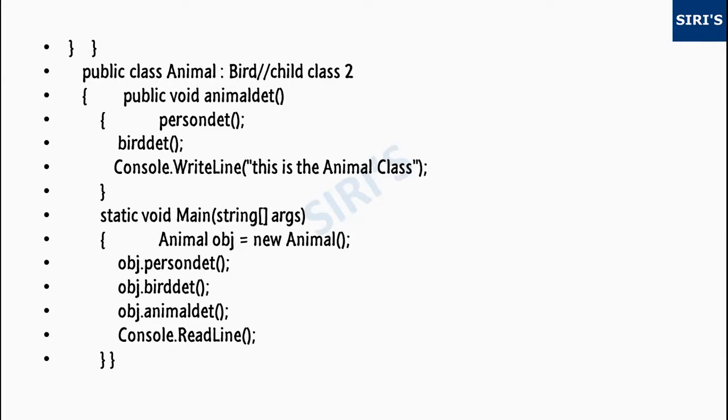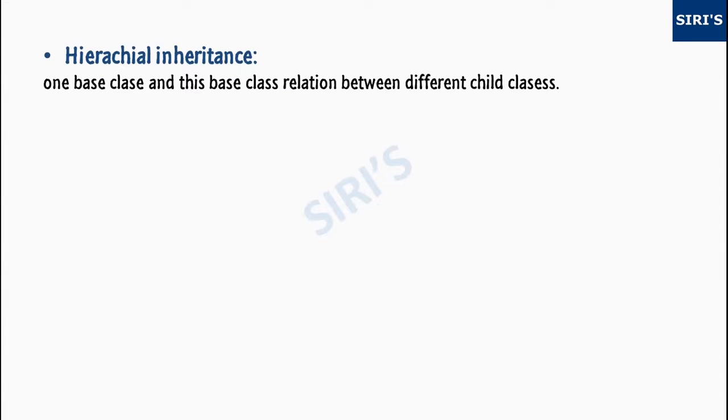Previously we have declared one inheritance and we are declaring another inheritance, animal and bird. When we create an object and we call the person class, bird class and animal class and console readline, it will display the output as this is a person, this is a bird, this is an animal, as we discussed before.